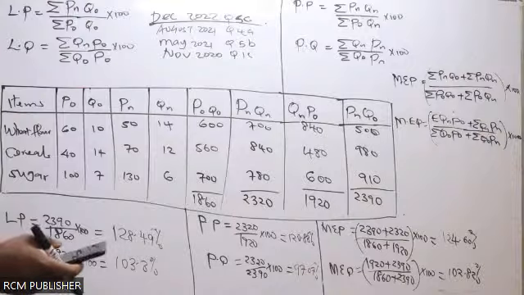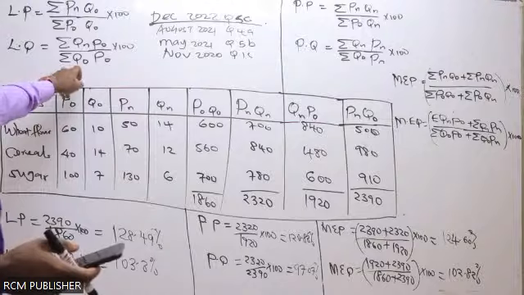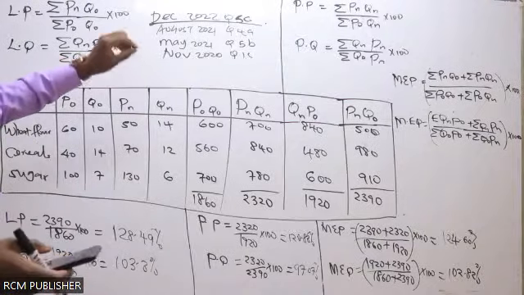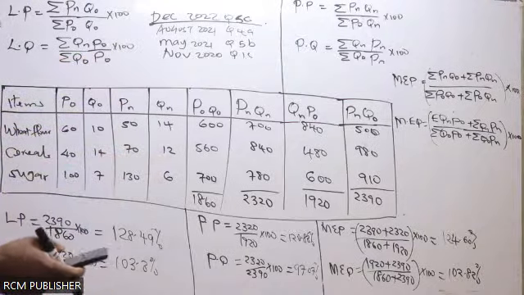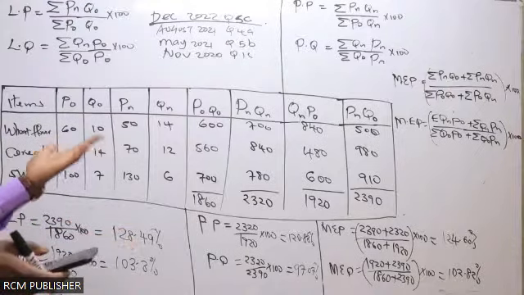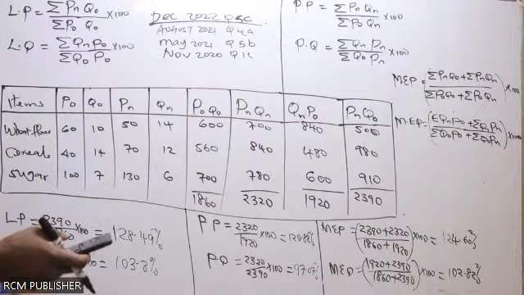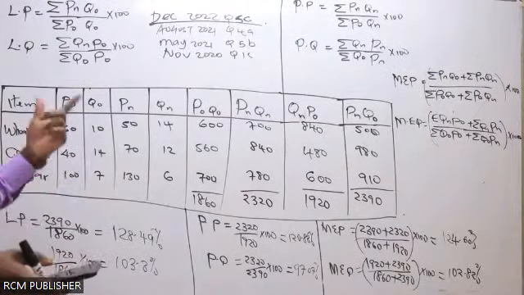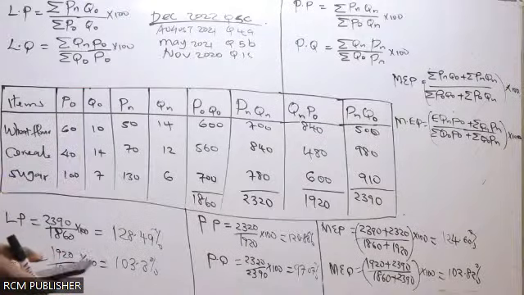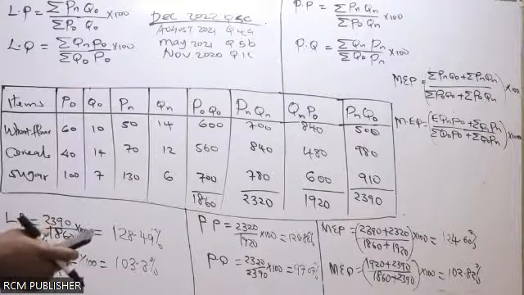So it means there was an increase of 24% in the price index from 2020 to 2021. If you go now to quantity index under the same, we have an increase of only 2.82% in the quantity index from 2020 to 2021. That's what you are required to do, and then you get your full marks.